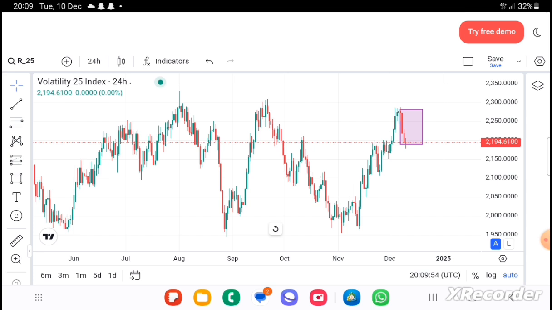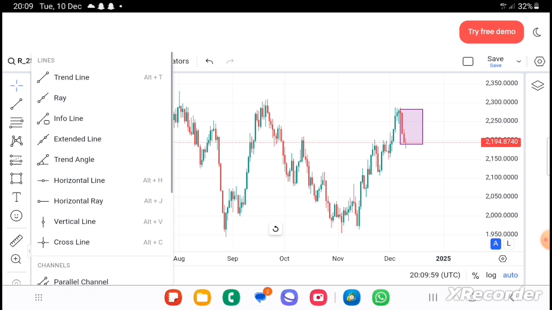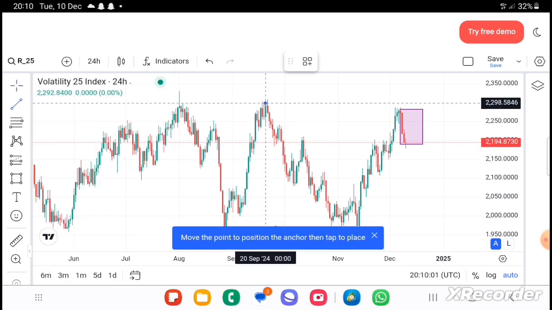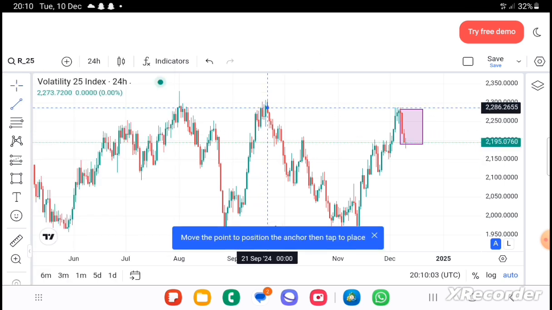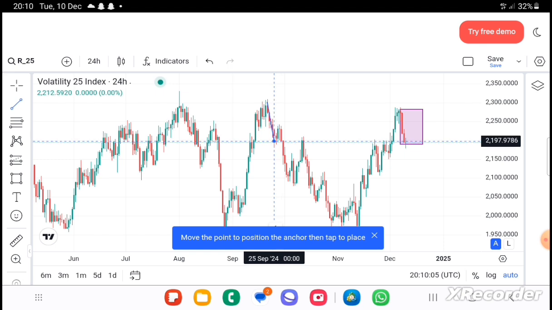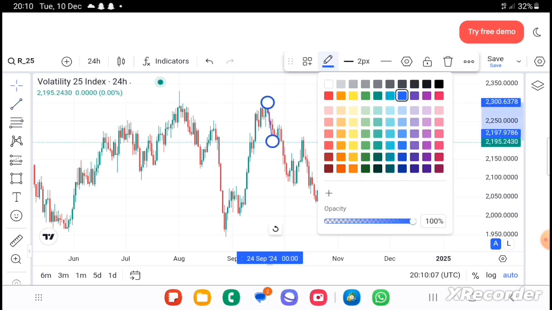First of all, we have a candle, we have the sell starting, from this point to this point. You can see that the sell happened over there.